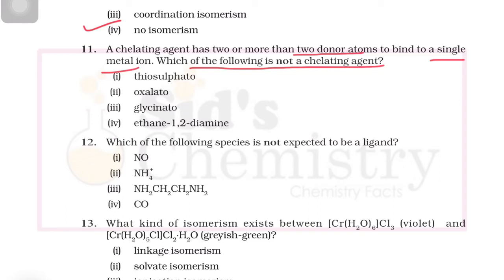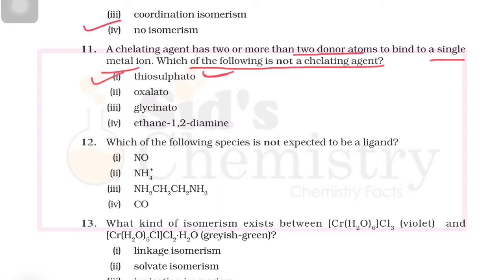Now thiosulfato has 2 donor atoms, but it is not a bidentate ligand because it is considered an ambidentate ligand. At a time only one of the oxygens of the thiosulfato can be the donating atom, and therefore it can be the correct answer.